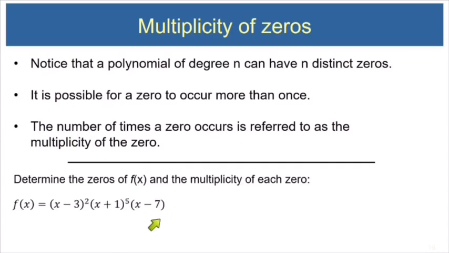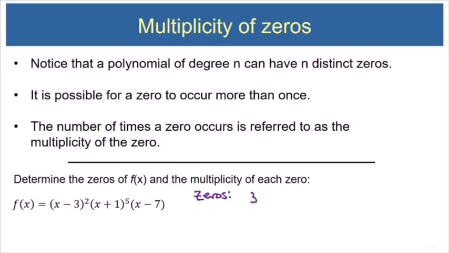So here I have a function that's already been factored, and it's been factored into (x minus 3) squared times (x plus 1) to the 5th times (x minus 7). So you can tell that the zeros are 3, -1, and 7. But because this x minus 3 factor is squared, the 3 is actually a zero for two separate factors.